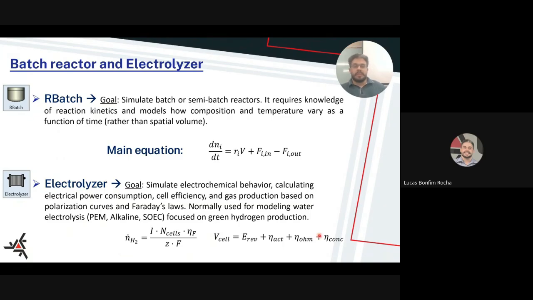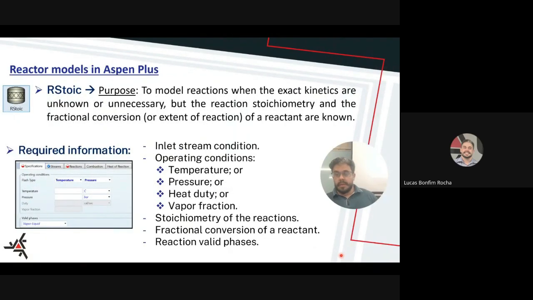So here we have all the reactor models present in Aspen Plus. Here we have Faraday's law and the cell voltage equation for the electrolyzer, for predicting the amount of energy produced.